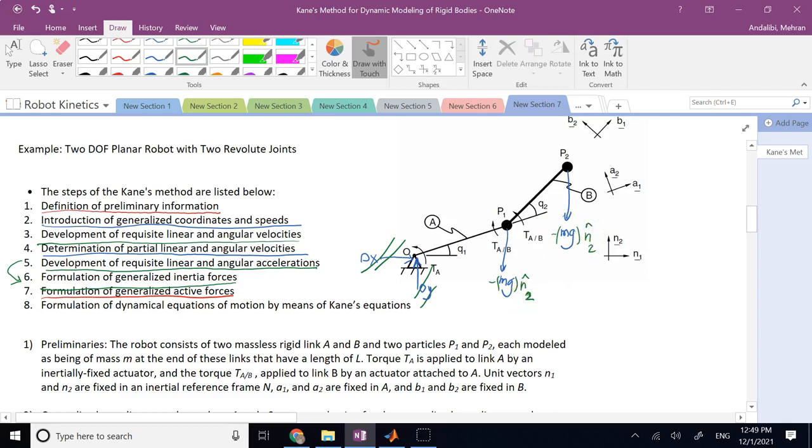And so now, since these two forces are applied to P1 and P2 and they are particles, for each one we need the velocity of the corresponding particle.